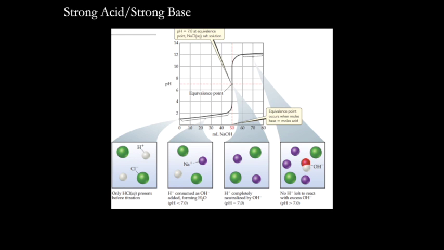The pH is 7, meaning it's perfectly neutral. And you guys should understand that because the salt that's present after adding HCl and NaOH, you have just water, which is neutral, and then NaCl. And that salt is neutral because they came from strong acids and strong bases.